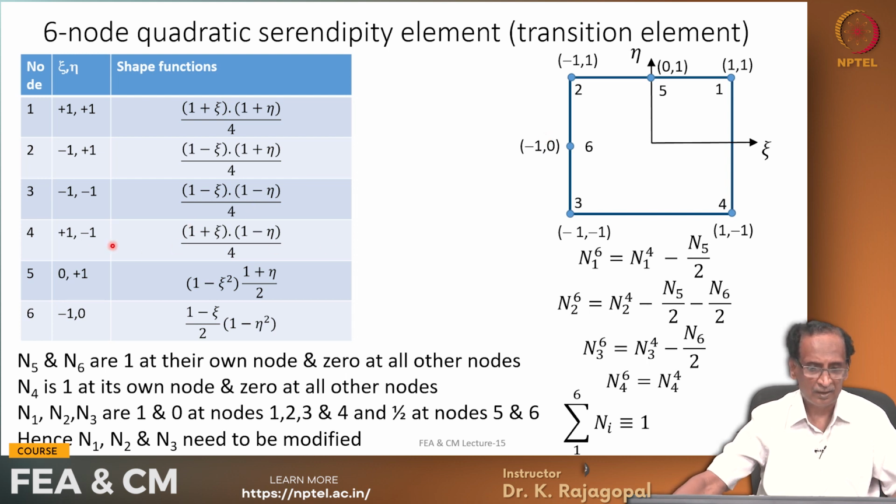Okay, let us start with the 4 node element. These are the basic shape functions for a 4 node quadrilateral, and N5 is 1 minus xi square times 1 plus eta by 2, and N6 is 1 minus xi by 2 times 1 minus eta square, because this is at xi of minus 1, and on the right hand side the other one is xi of plus 1. Okay.